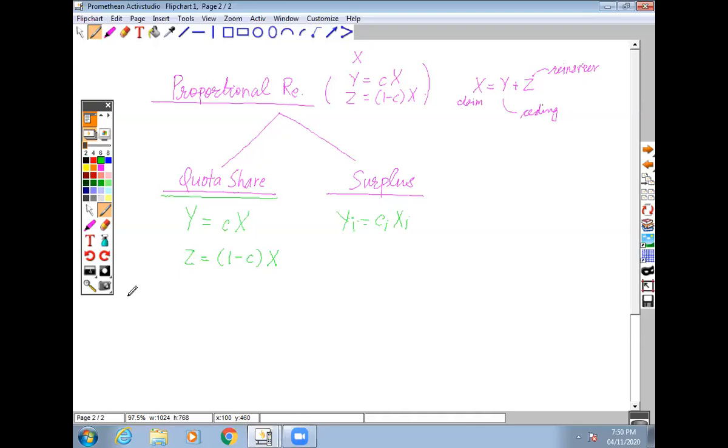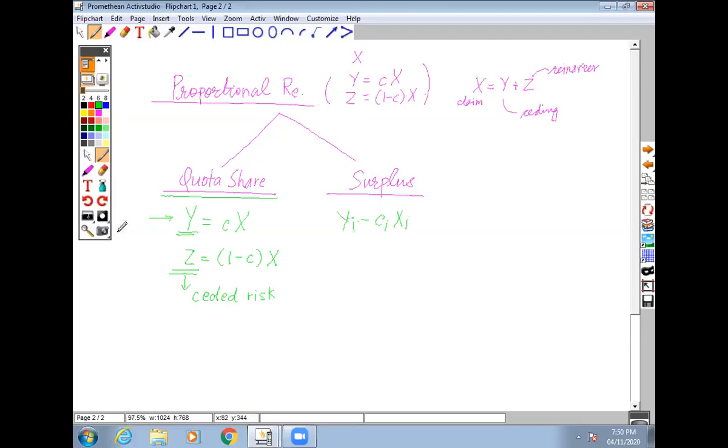The portion of the risk that is with the reinsurer, so basically Z, is known as ceded risk. And what you have here is the retention. This is how much the direct insurance company has retained with themselves, so it is known as retention. These are just names, and even if you don't know them it's fine, but it's good to know the terminologies of what you're studying.